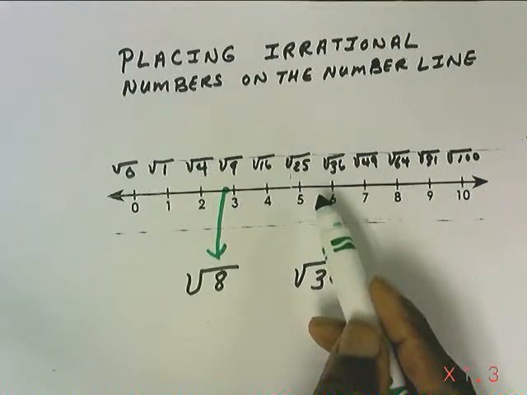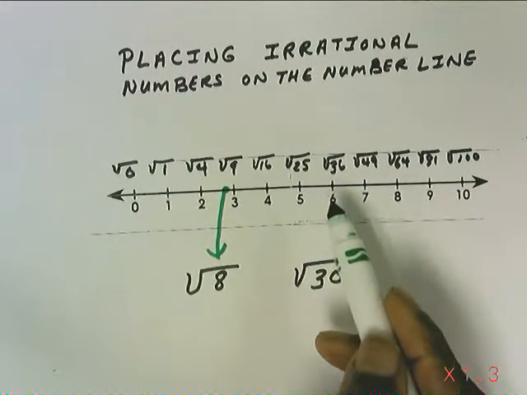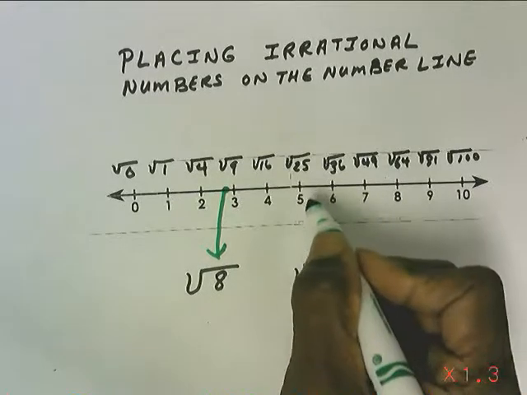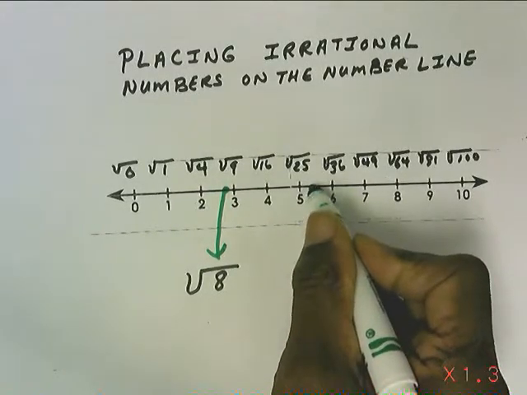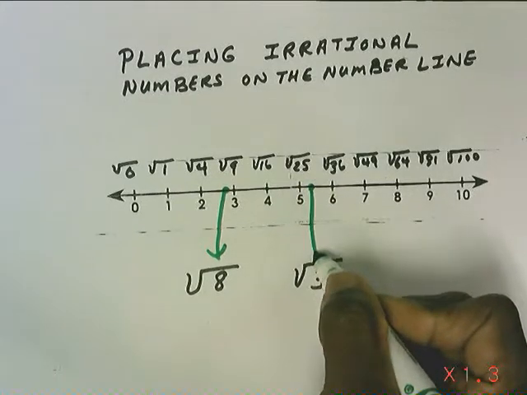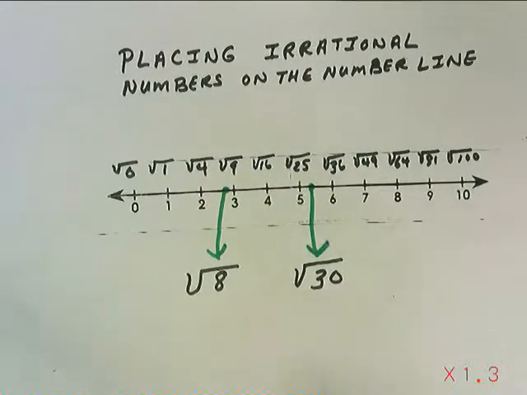In the square root of 36, there's 6 difference. So it's just a little bit below the halfway mark. So we put our point here. So the square root of 30 falls between the square root of 25 and the square root of 36.